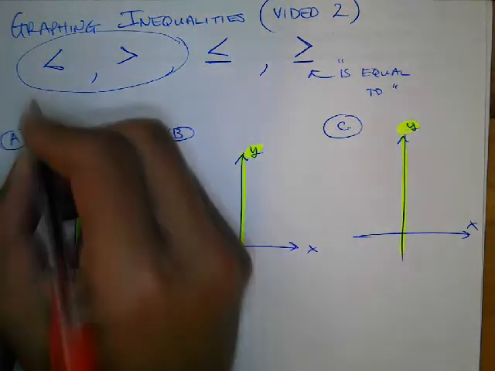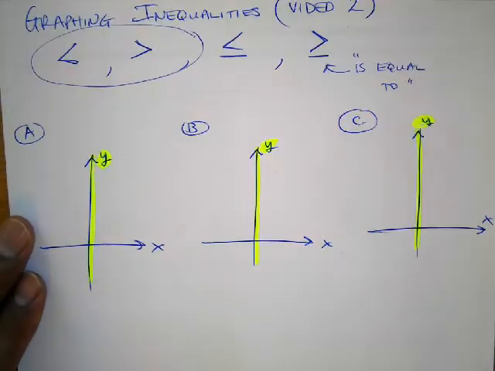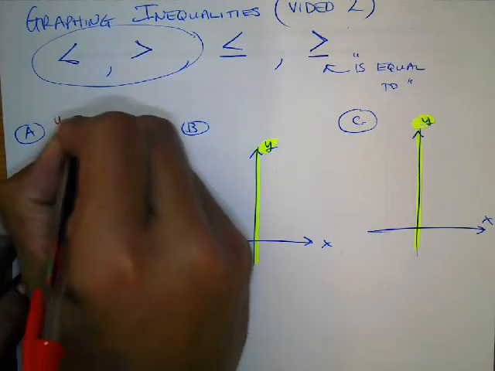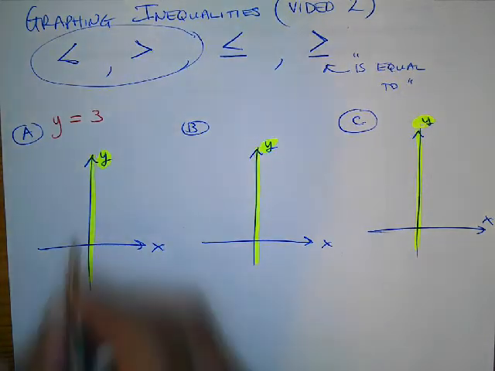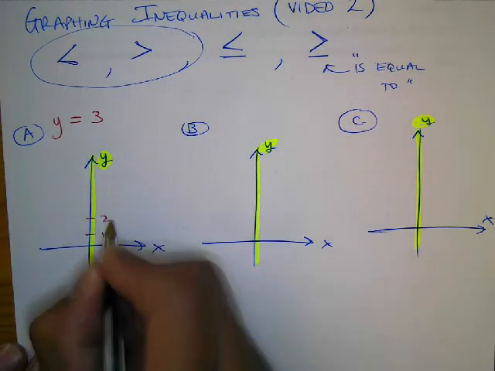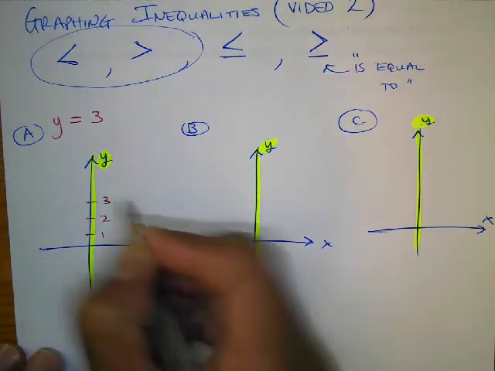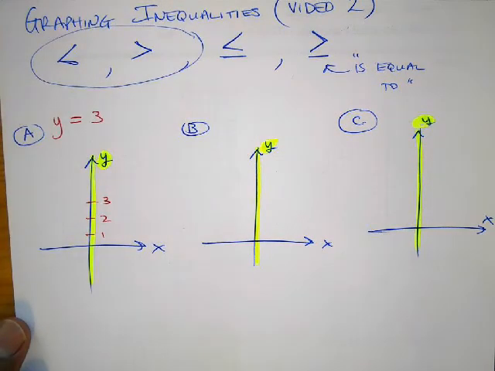So let's go back to just a regular equation. If we graph y is equal to 3, that means we go to 1, 2, 3. This is not an inequality.